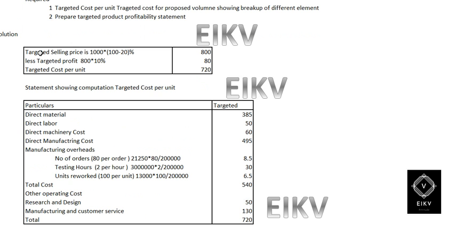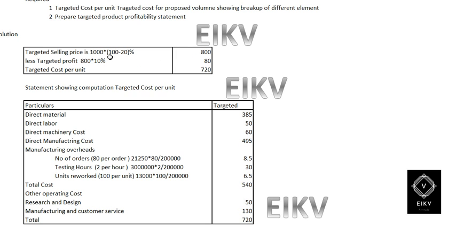For computation of targeted cost, we have the targeted price as ₹1,000. So in this question it is given that the manufacturing company decided to reduce the price by 20%. So we need to take 1,000 at 100% minus 20%, which is 80%. So 1,000 into 80% gives 800 rupees.